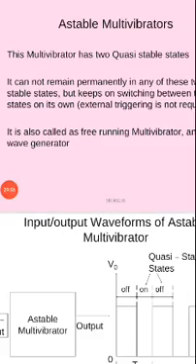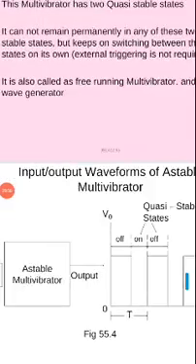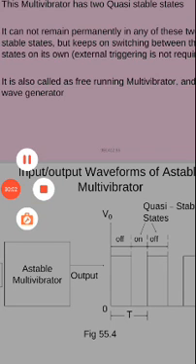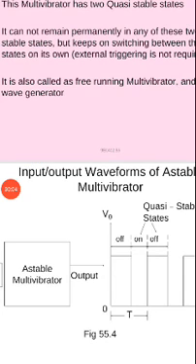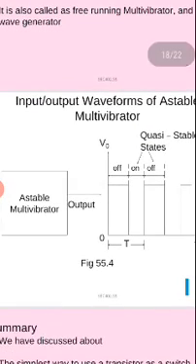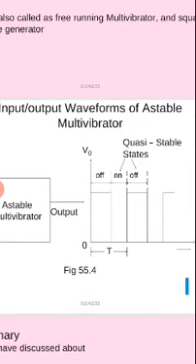Input output waveforms of astable multivibrator.